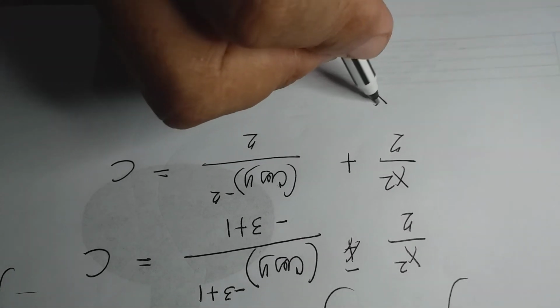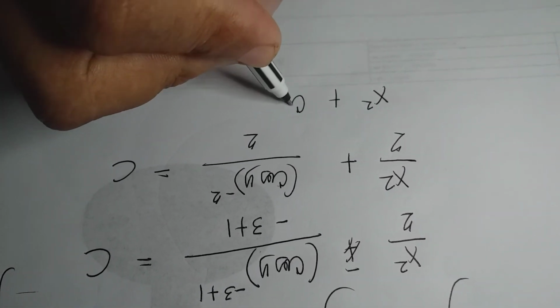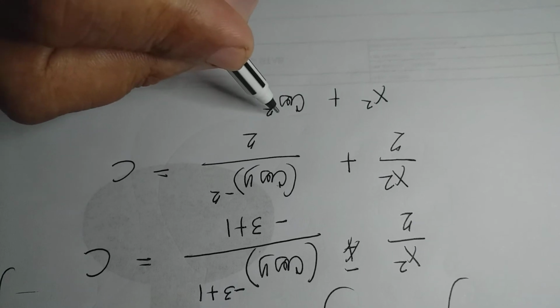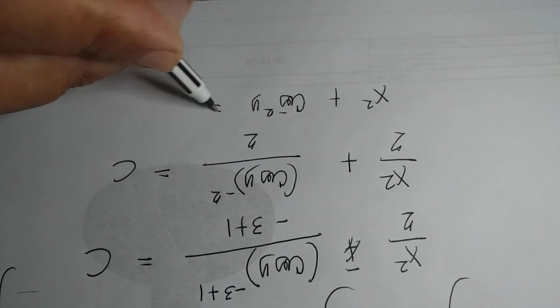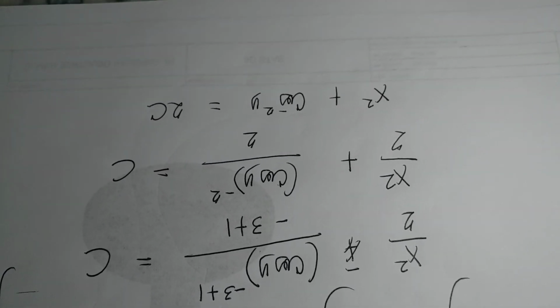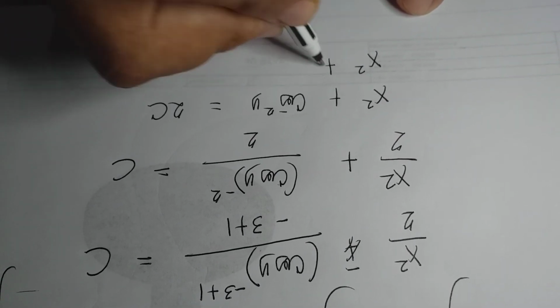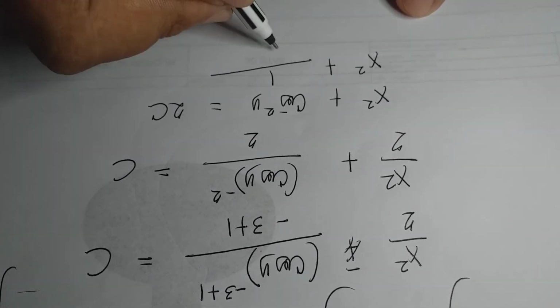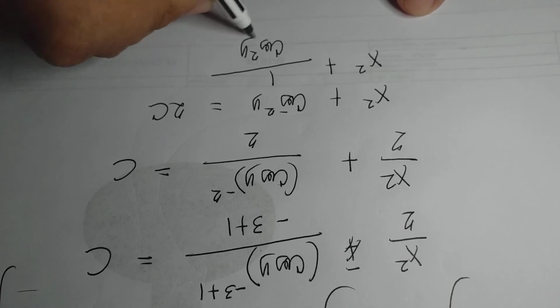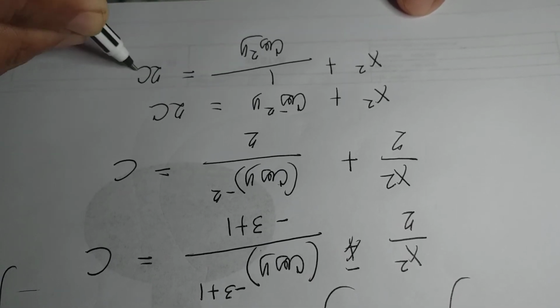Or we have x squared plus cosine squared negative y is equal to 2c. Okay? Or we have x squared plus 1 over cosine squared y is equal to 2c.